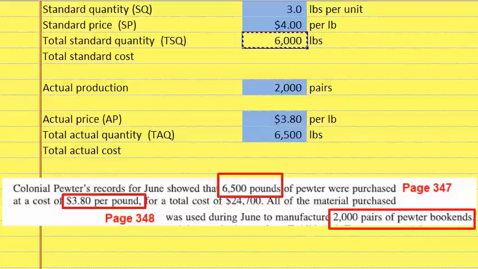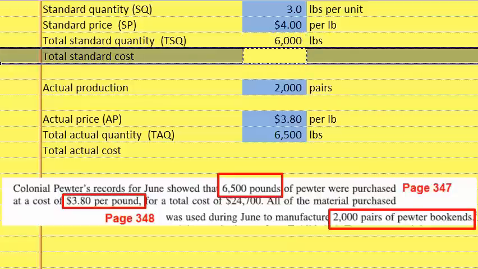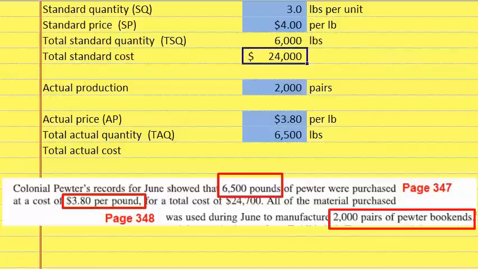How much we should have used to produce those 2,000 pairs of bookends. Total standard cost, let's compute that. We expected to pay $4 per pound, and we should have used 6,000 pounds. So we should have spent $24,000 for materials to produce those 2,000 pairs of bookends.